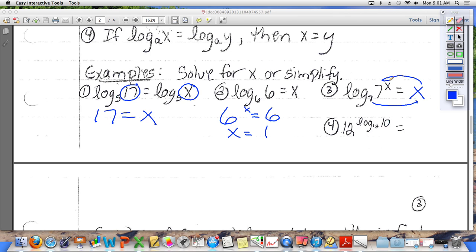I think it's equal to this number right here. In other words, this right here is an exponential form. If you change it to logarithmic form, we have log base 12 of 10 is equal to log base 12 of 10. Same thing. 12 put to that power is going to be equal to that. Yeah, that's what it looks like.